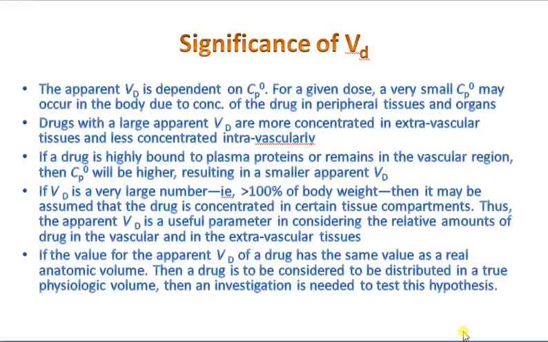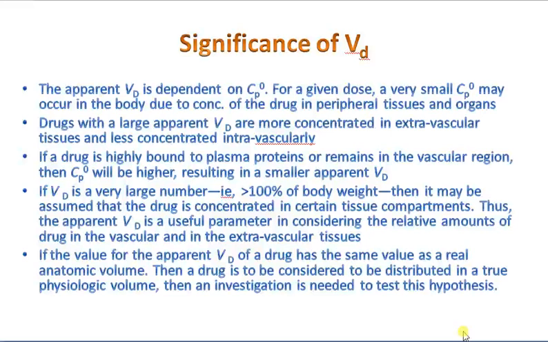Drugs with a large apparent volume are more concentrated in extravascular tissue and less concentrated intravascularly. If a drug is highly bound to plasma protein or remains in the vascular region, then the initial plasma concentration will be higher, resulting in a smaller apparent volume of distribution.